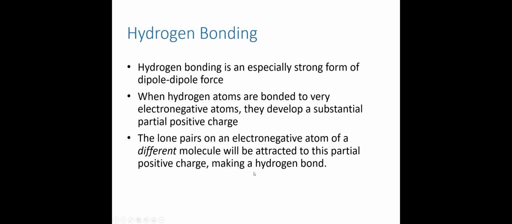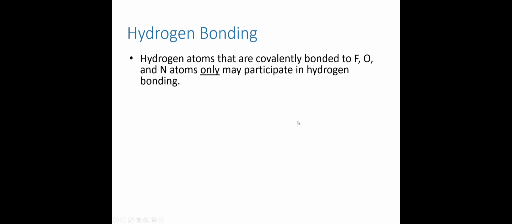So we need to be clear what we mean by very electronegative atoms, because right now that phrase is very vague. It's only going to be three different atoms: fluorine, oxygen, and nitrogen, only, when we talk about hydrogen bonding.